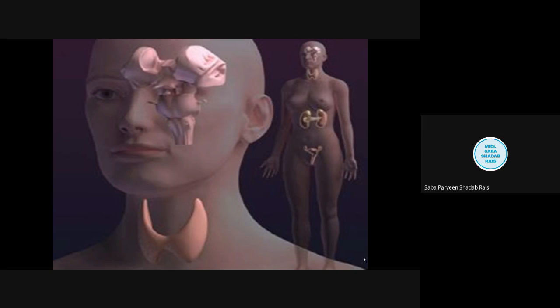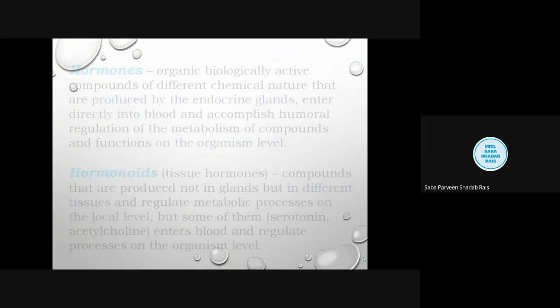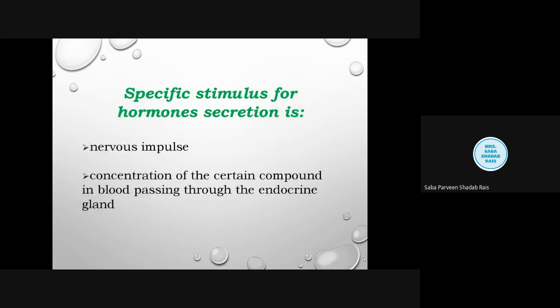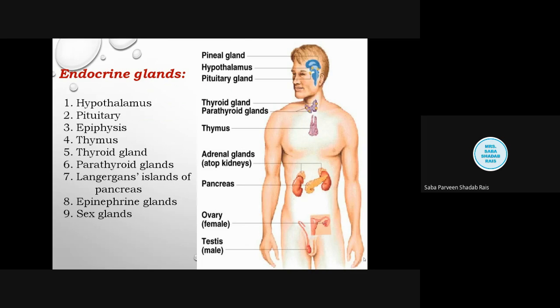Now let us talk about the mammalian glands. We have already discussed all these things. Now see, we have 10 endocrine glands in our body. First is the hypothalamus. It is the master of the master gland. The master gland is the pituitary gland, but it works under the control of the hypothalamus.